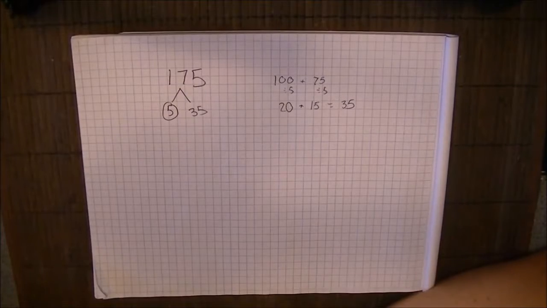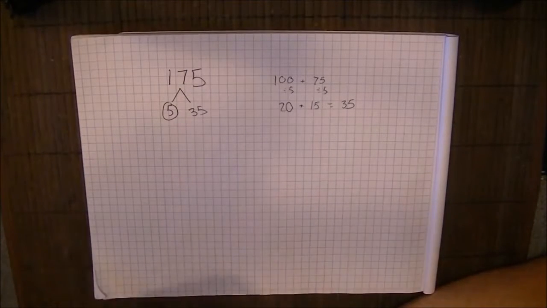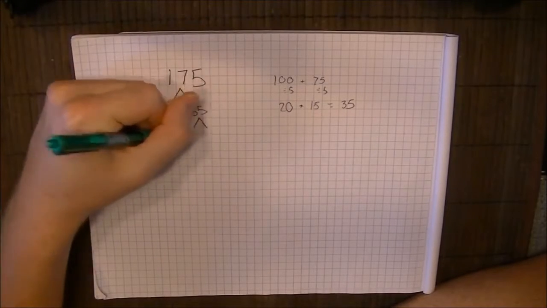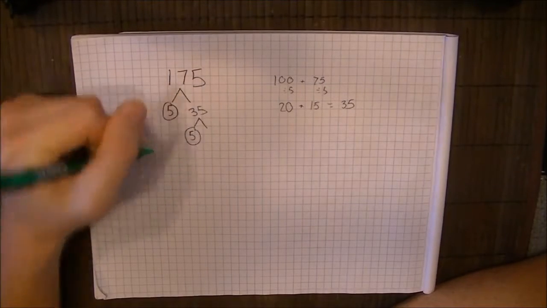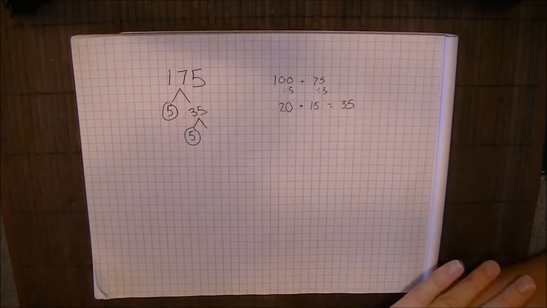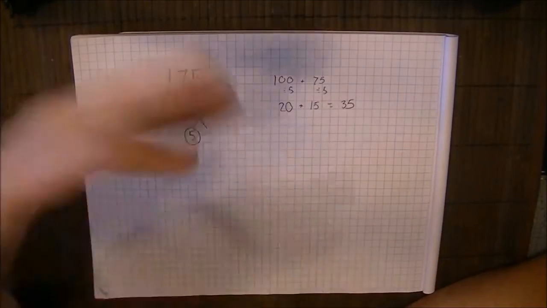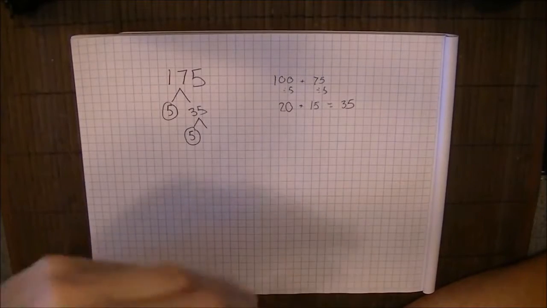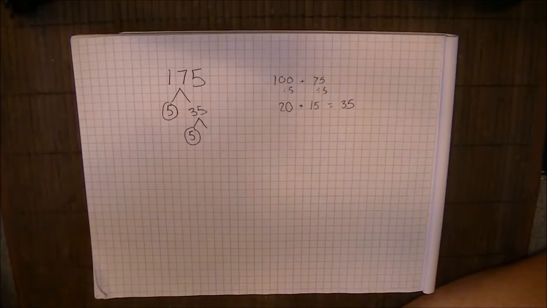Okay, is 35 prime? No, because it ends in a 5 and it isn't 5 itself. So we can then factor out another 5. Okay, 35 divided by 5. This one's a little easier. To divide by 5, the easiest way is to divide by 10 and then multiply by 2. Dividing by 10 gets us to 3.5.